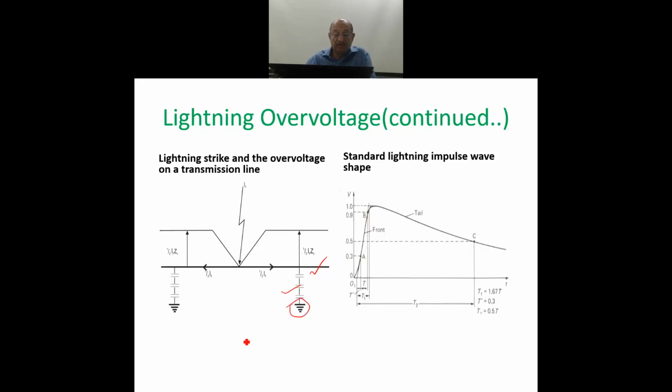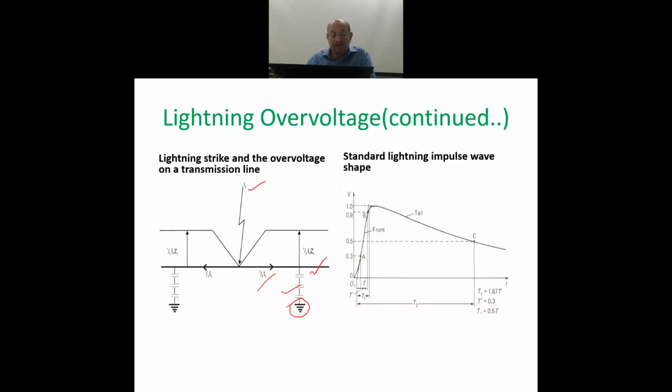So when the lightning strikes because of the pre-ionized zone and metallic conductor, let's say there is a lightning current of I. What happens is, we can assume on either side of the point of lightning strike the impedance to be equal on either side. So the current gets divided into half, and as you can see here, half the current flows on either side.